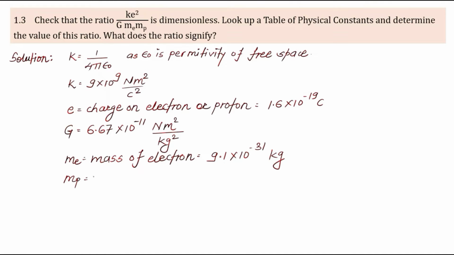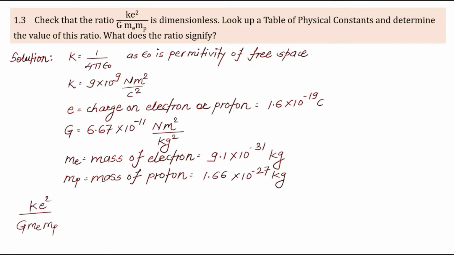Mp is the mass of proton, which is 1.66 into 10 raised to minus 27 kg. So let's substitute all these values in the given ratio, as we have Ke square upon G Me Mp.